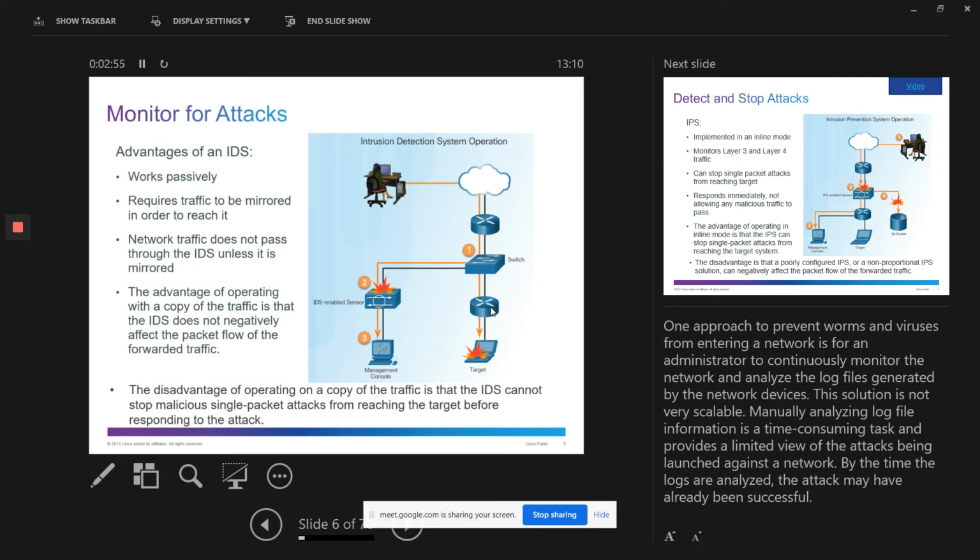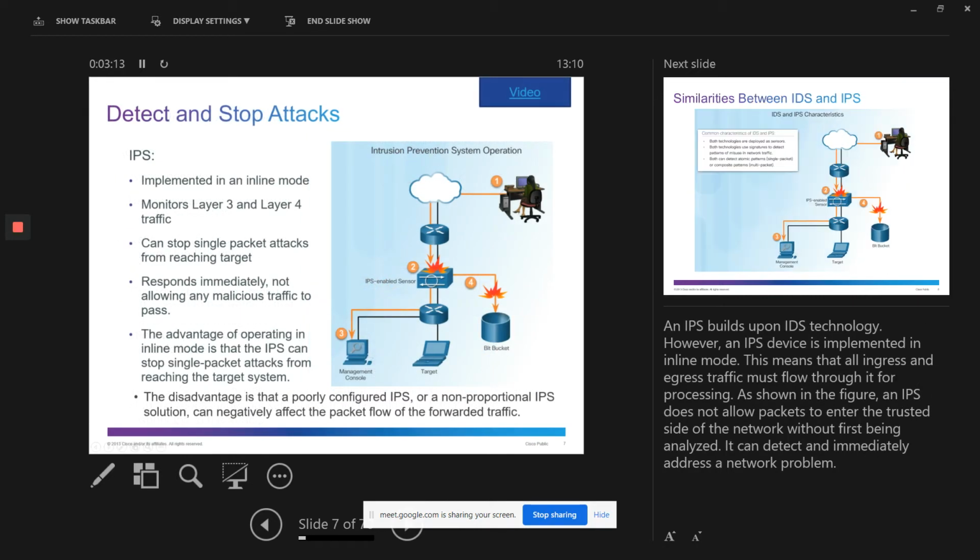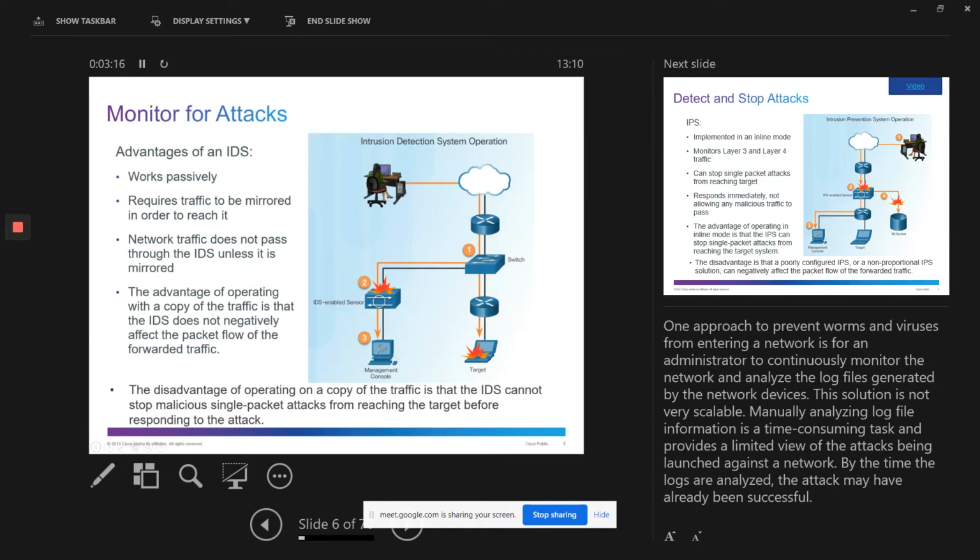In order to protect against these zero-day attacks, it's important to have a system like an IDS. It's one approach to prevent worms and viruses from entering a network. As you can see in the figure over here, we have something called an IDS system.